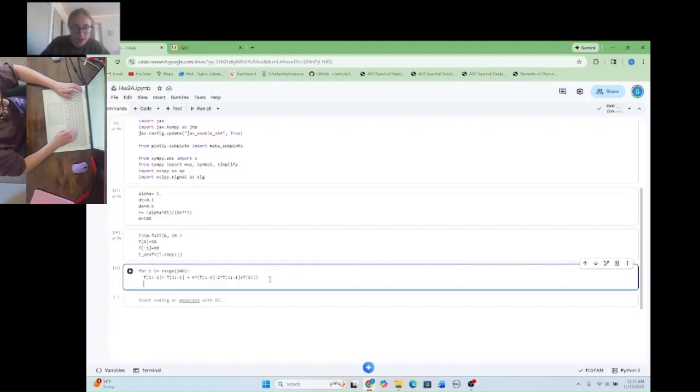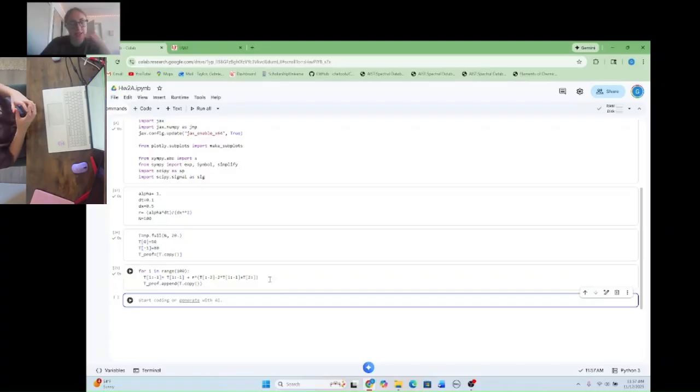And then you can go down here and do t_profile.append, and then we're going to do t.copy(). That's going to give us a copy of every time it goes through that iteration, and that iteration is our time step. So we save that, and then let's make our graphs.